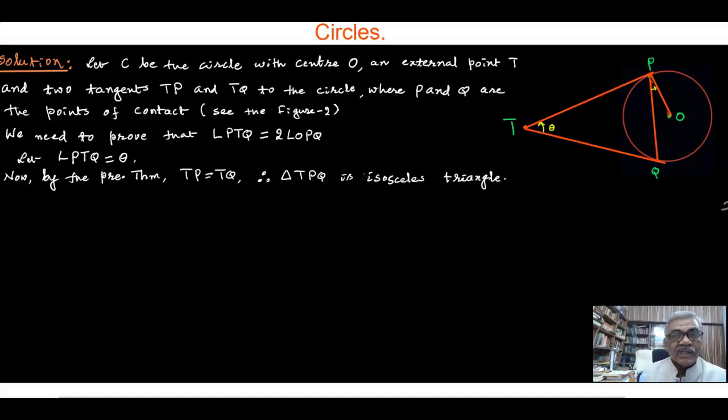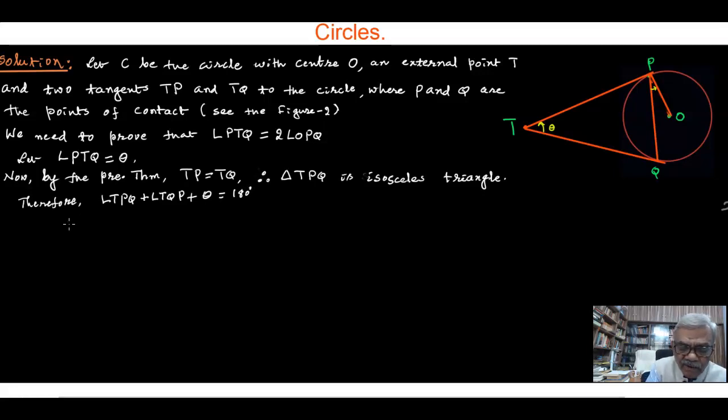Therefore, angle TPQ equals angle TQP, and angle TPQ plus angle TQP plus angle theta equals 180 degrees, because the sum of the angles of a triangle equals 180 degrees.